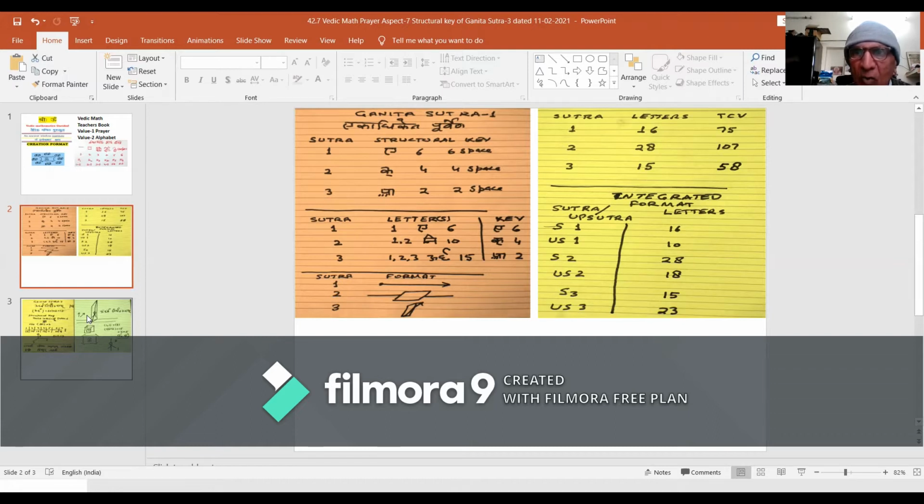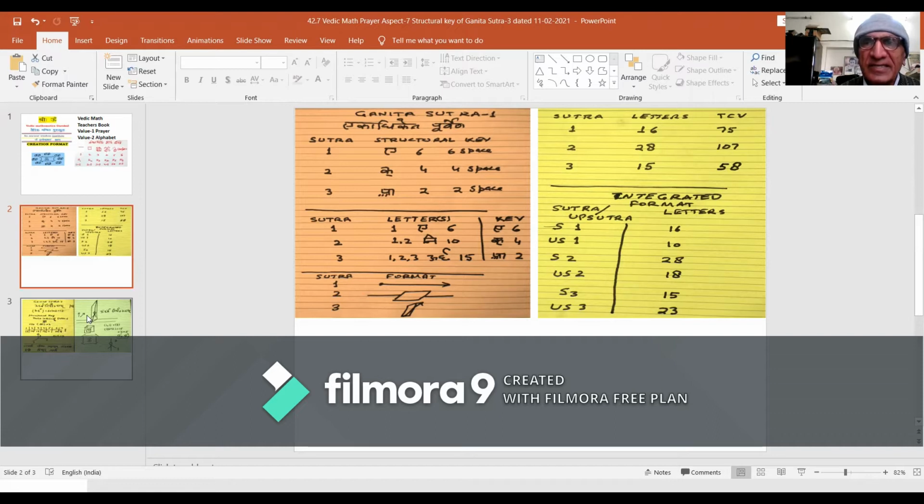Ganita Sutra 1, Ekadhiken Purvain, has its first letter A, the sixth vowel. This sixth vowel has association value 3, value 6. It is value 6 which takes us to 6 space and to 6 space body.